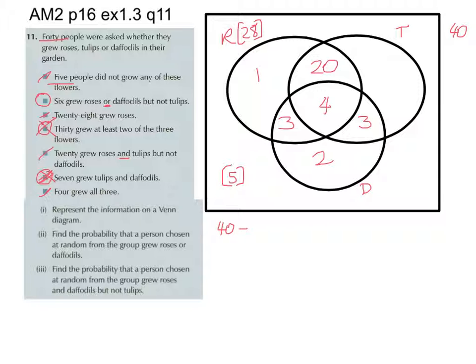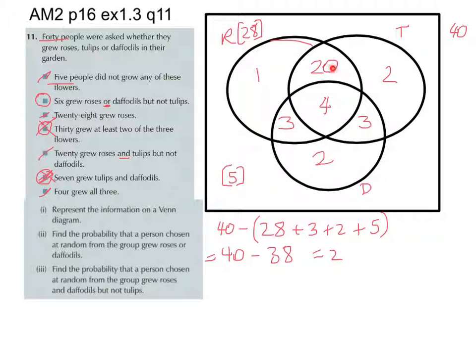So tulips only is going to be 40, and we're taking away the 28 that we have in this section here, and we're also taking away the 3 and the 2 and the 5. So we're taking away 38 in total, which leaves us with 2 for tulips only.